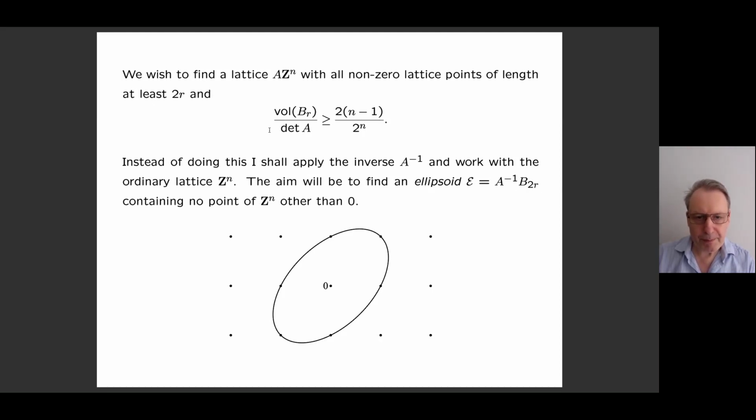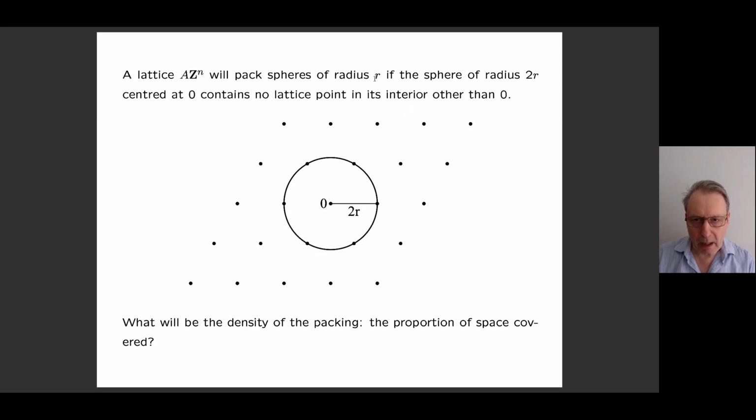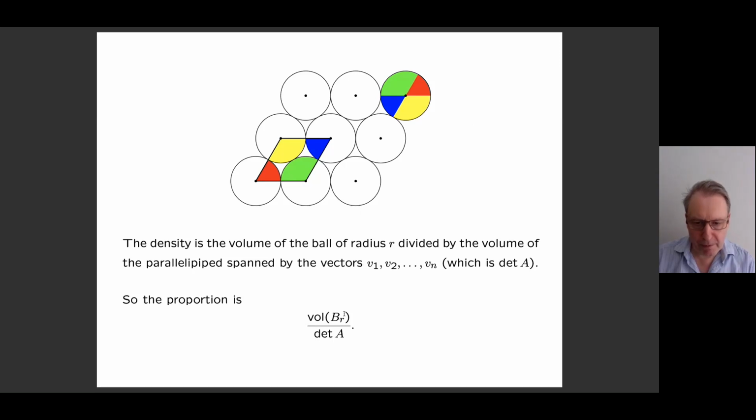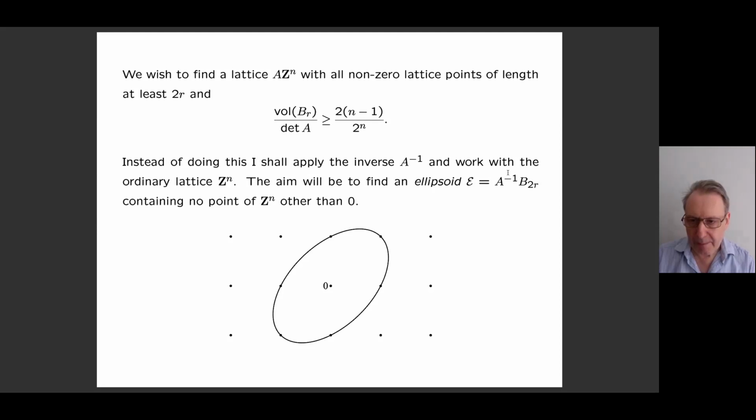And what we want is that the ball of radius r is going to pack. And so our volume is the volume of the ball of radius r, which of course is half the ellipsoid. Right? So the ball of radius r corresponds to the ellipsoid rescaled by a factor of a half.